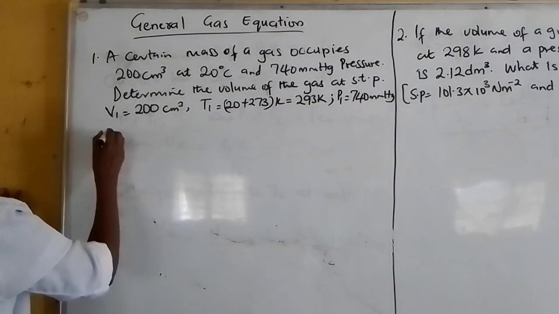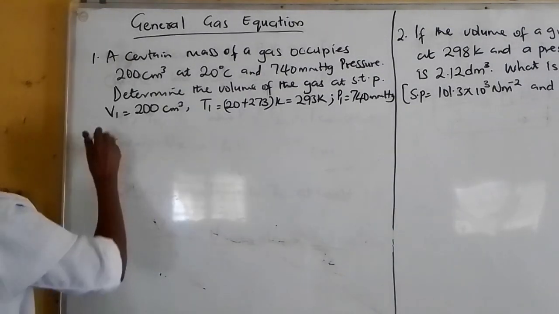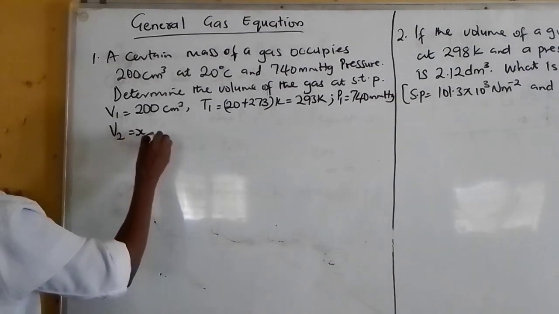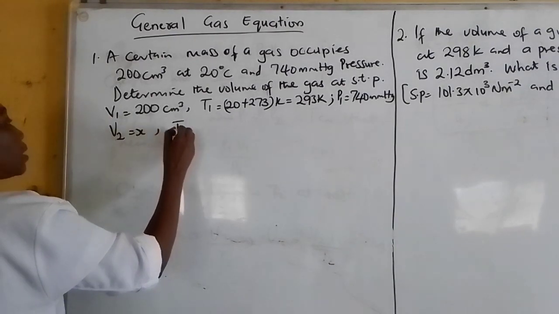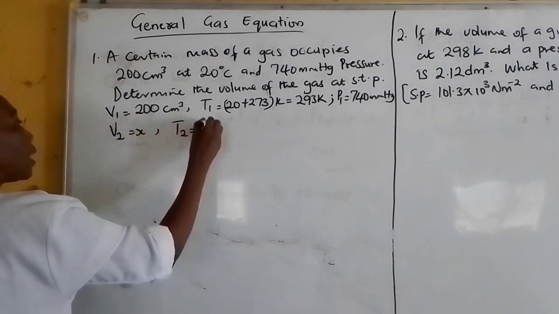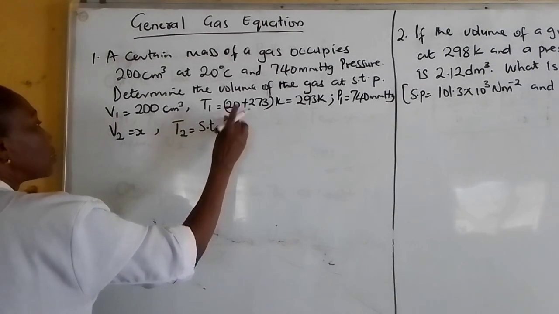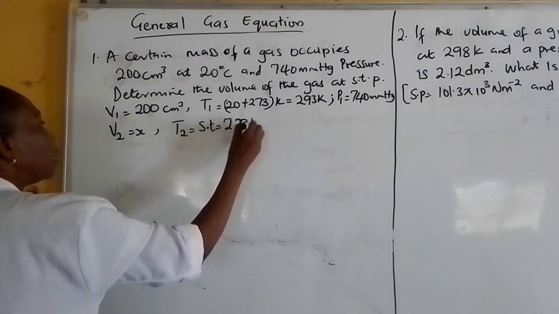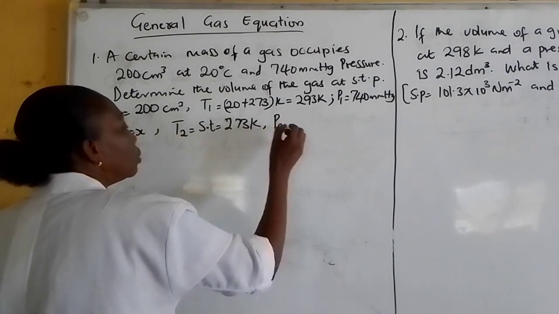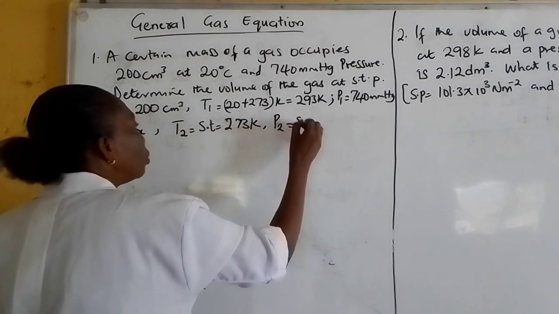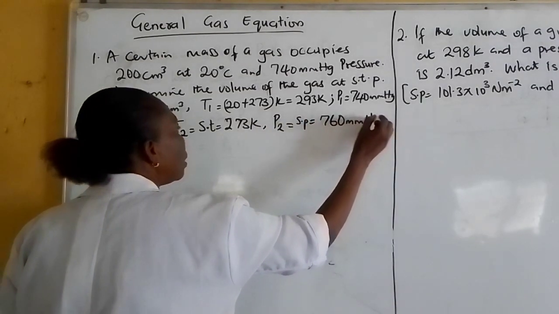Now, V2 we don't know; we're asked to determine V2. Then our T2 is equivalent to our standard temperature, which is 273 Kelvin. Our P2 is our standard pressure, which is 760 millimeter mercury.